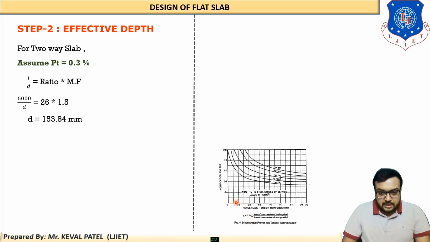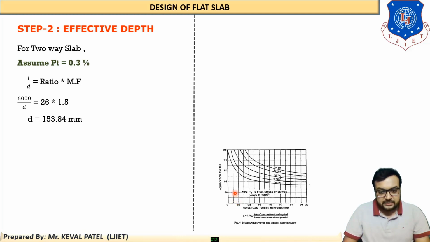Students, this is our graph. Fs is equal to 240, the fourth graph, this graph. Whenever our PT is equal to 0.3 percent, so this is 0, this is 0.4, our 0.3 lies between 0.2 and 0.4.